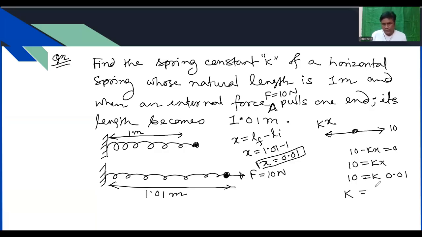So k equals 10 by 0.01, which means k equals 10 into 100. So k equals 1000. 0.01 means 1 by 100, so that 100 will go up by the rules. And the SI unit of that is Newton per meter.